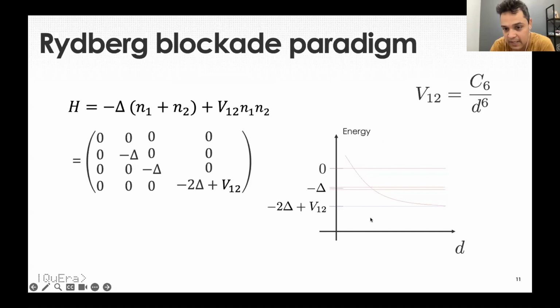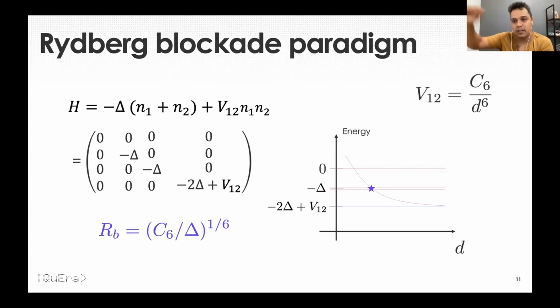This distance is going to be our blockade radius. So all you have to do is ramp your delta so that it ends at the corresponding blockade radius that you want. That's going to give you the graph that you want with the connectivity that you want.